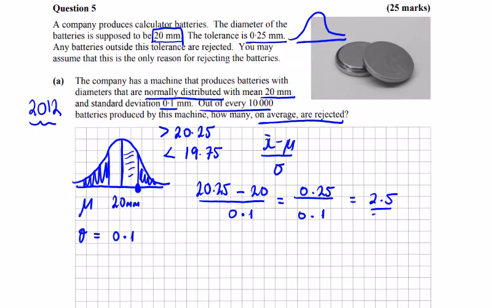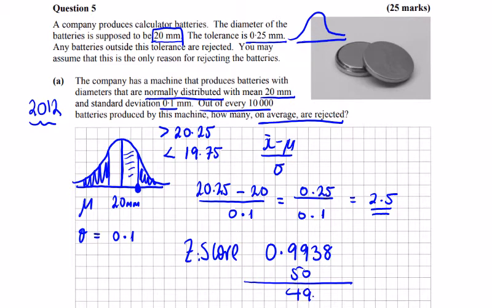And if we look up a z-score of 2.5, it's going to give me 0.9938. If we take 0.5 away from that, we're going to get 0.4938, which is in this section here, with the other 0.5 on the other side.